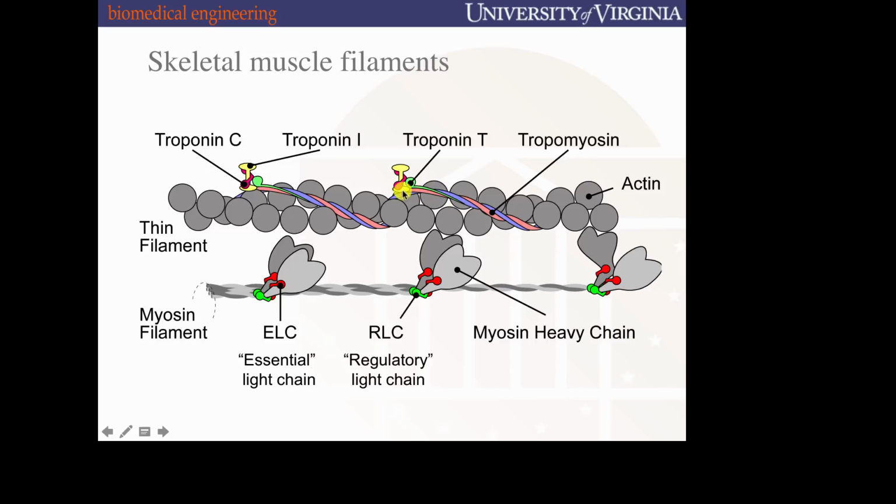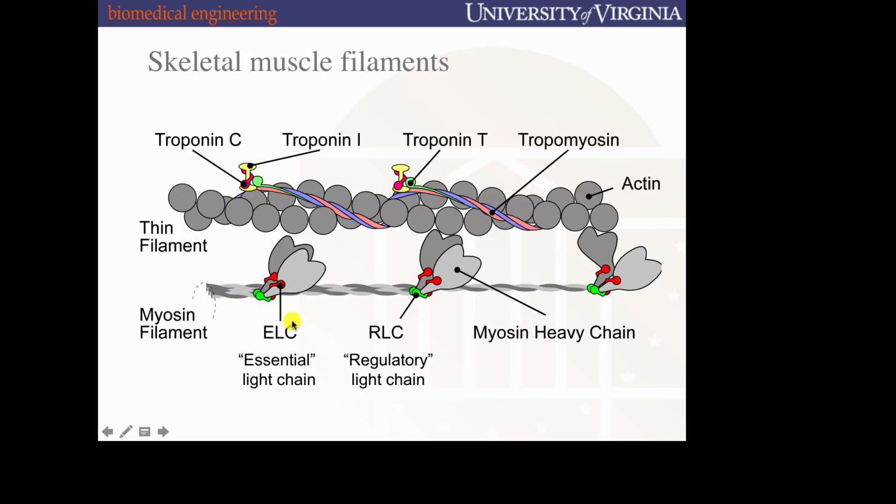These are the regulatory element that modulates whether or not these myosin head domains can interact with actin filaments or not. Okay. Now, in the case of skeletal muscle, there's essentially no real regulation of the myosin head domains themselves. But I'll go ahead and introduce the additional light chains, the so-called essential light chain and the regulatory light chain of myosin in this context, because they'll come up when we talk about all other forms of regulation.